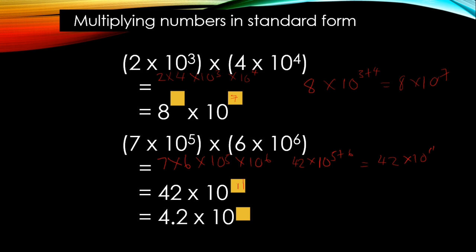Our number should be between 1 and less than 10. So 42 can be rewritten as 4.2 times 10 to the power 1, then times 10 to the power 11. Again, we are simply going to add the powers: 4.2 times 10 to the power 1 plus 11, giving us 4.2 times 10 to the power 12 here.